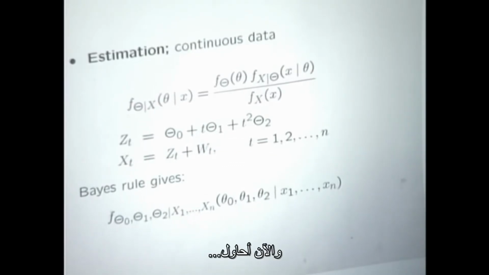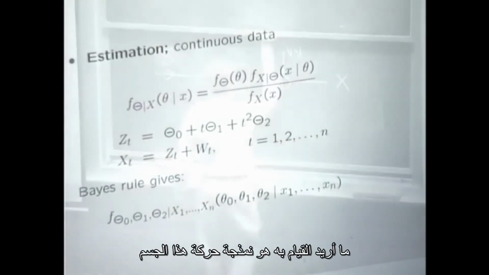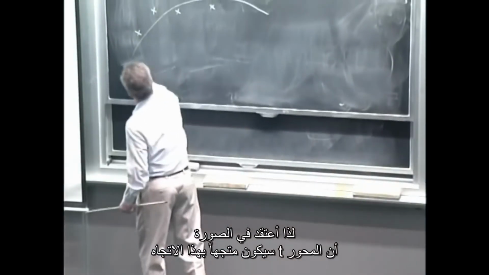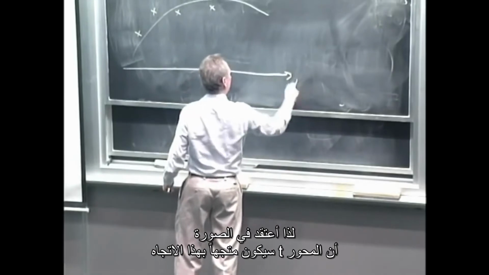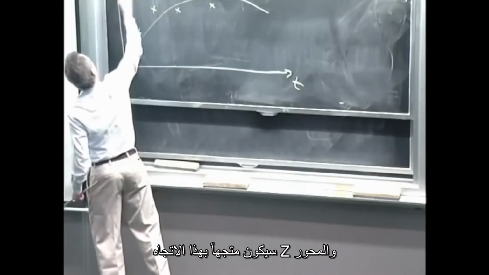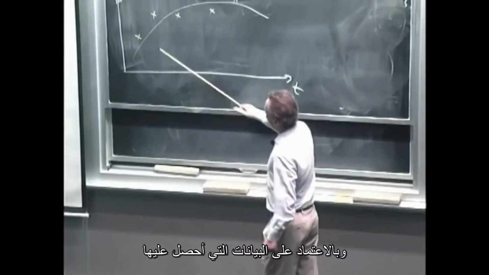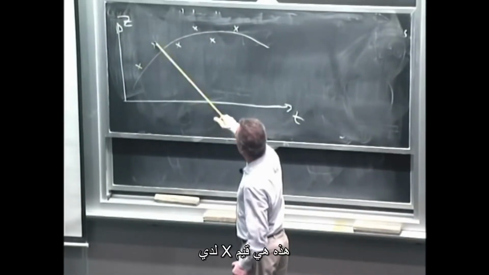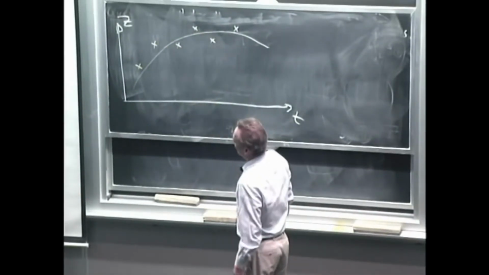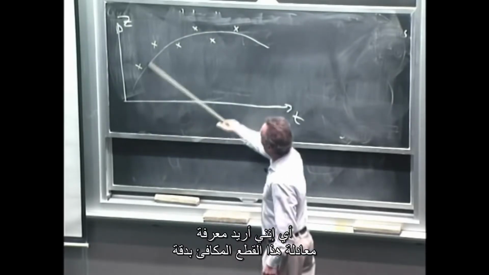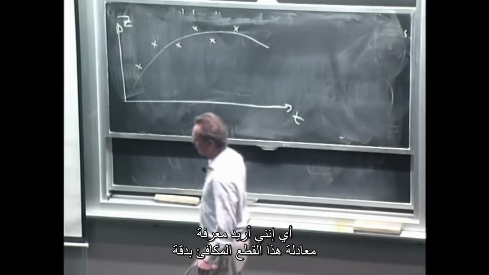And now what I want to do is to model the motion of my object. So I guess in this picture the axis would be t going this way and z going this way. And on the basis of the data that I get, these are my x's, I want to figure out the thetas, that is, I want to figure out the exact equation of this parabola.